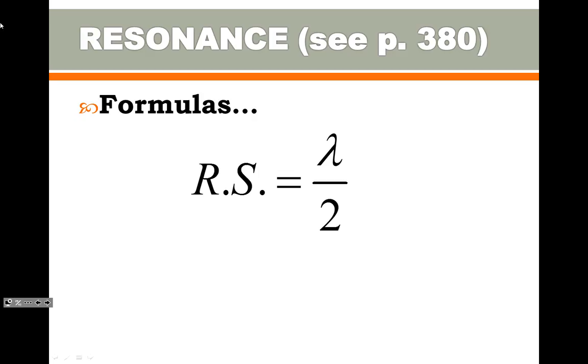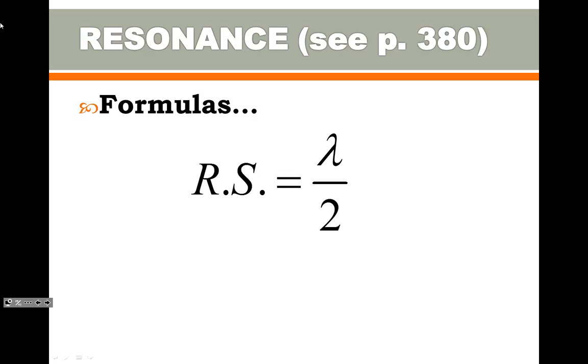Actually, I lied. That's your wavelength. Your resonance spacing is the length of your tube. So when you go to adjust your tube height and you're trying to find that point where it gets really, really loud, that's your resonance spacing. And then you can use that number, the length of that tube, to calculate your wavelength.